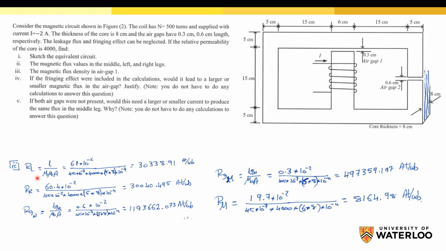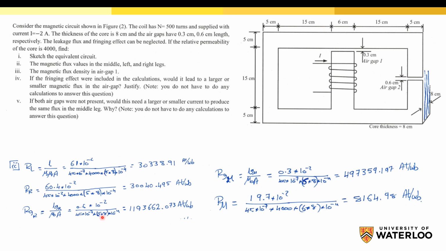So we can calculate the mean length for the left core and for the right core, and the length for the right air gap is given, also for the middle air gap and the middle core. And as you see here, we have 6 times 8, not 5 times 8 as in these reluctances.